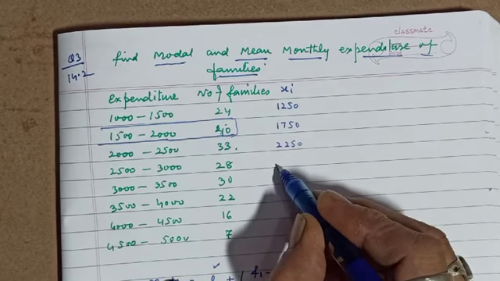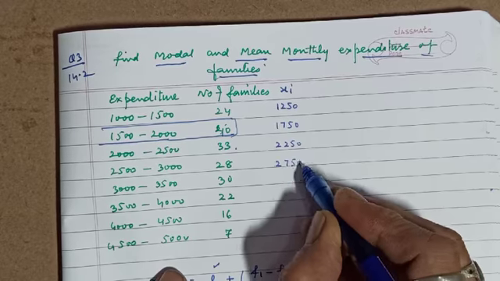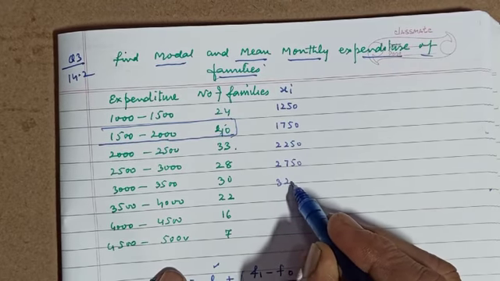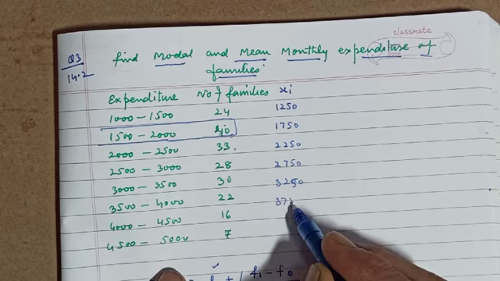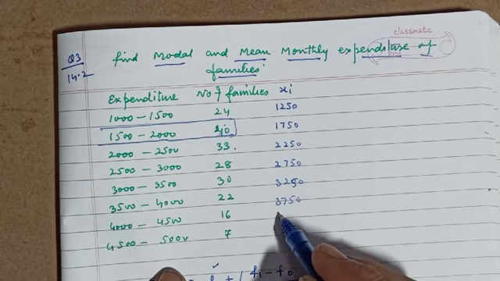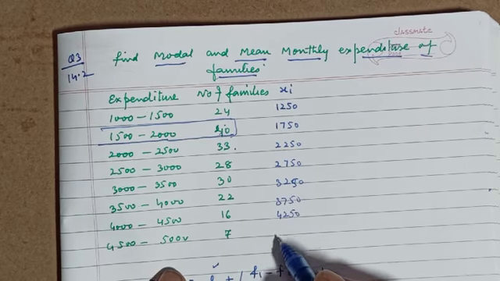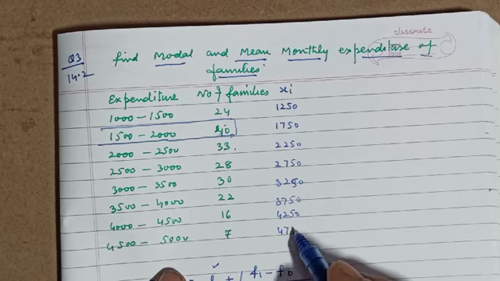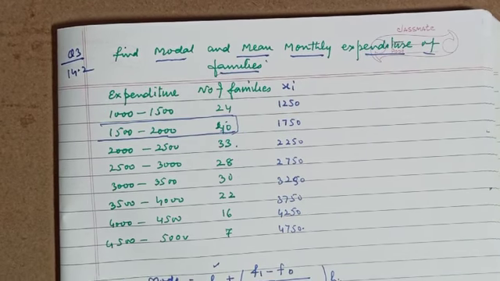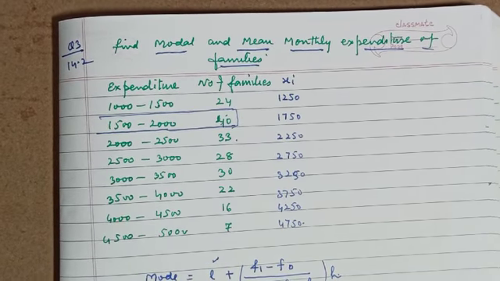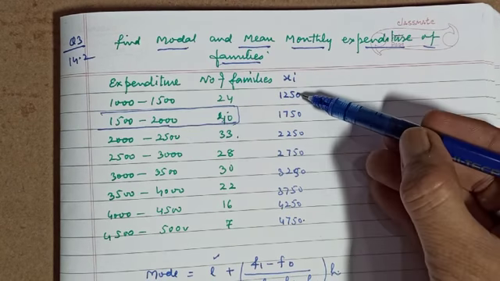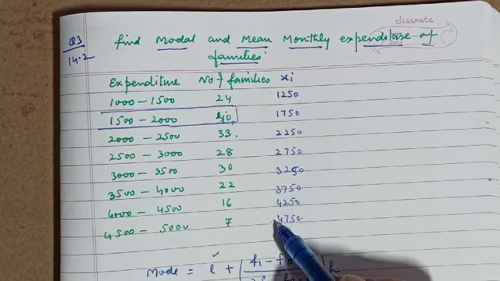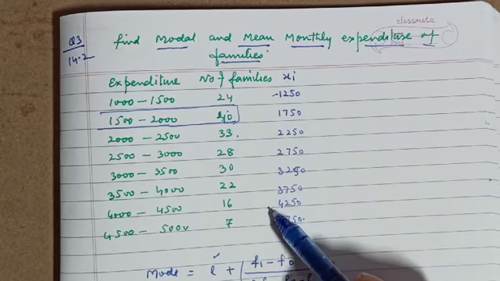1750, 2250, 2750, 3250, 3750, 4250, then 4750. So here we have to calculate the value of A. As I told you the other day, leave out the numbers one by one.